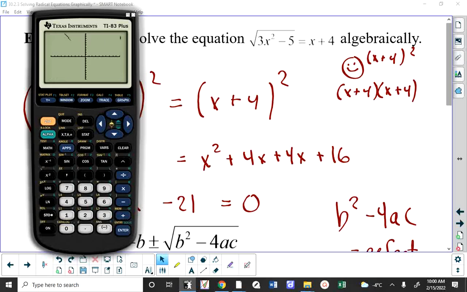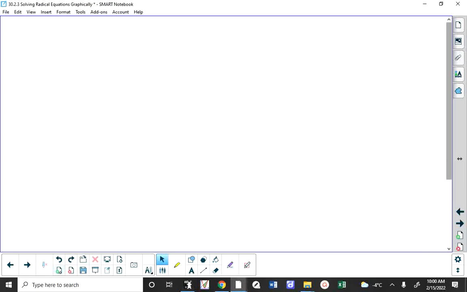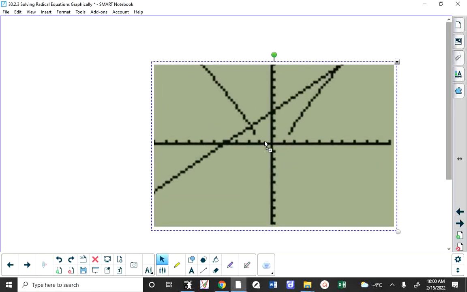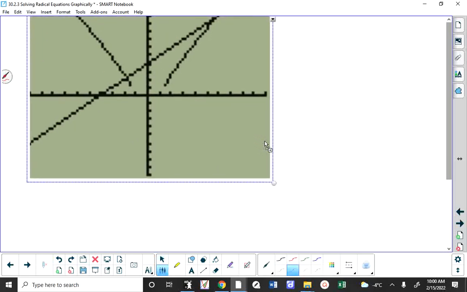By the way, you should recognize this graph. This is what we learned yesterday. The calculator does kind of a crappy job in graphing this because the original function 3x squared minus 5 will look like this. So this is the square root function.